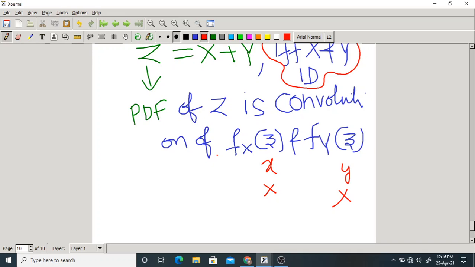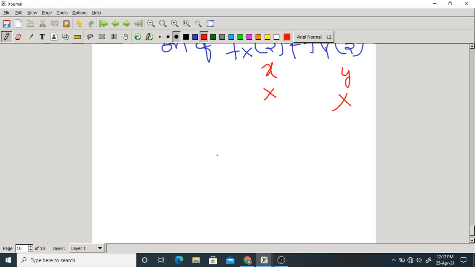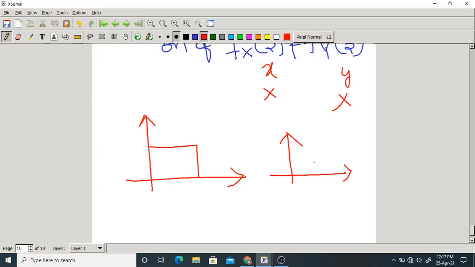Now let us take a simple problem. Example. They gave us two PDFs. It is 0 to 1. It is also 0 to 1. What distribution is this? Uniform distribution. This is fx of x.